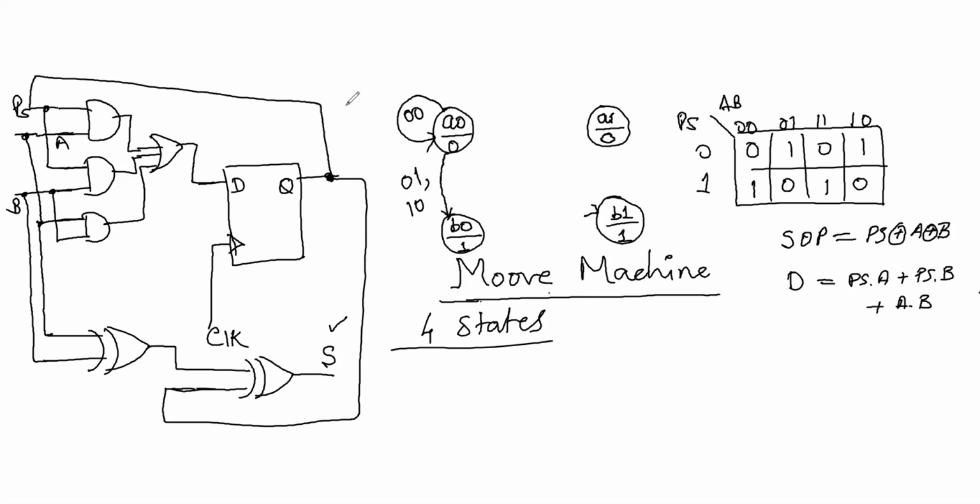Your sum is 1 for 1, 1, sum is 0, partial carry is 1. So it will be this.